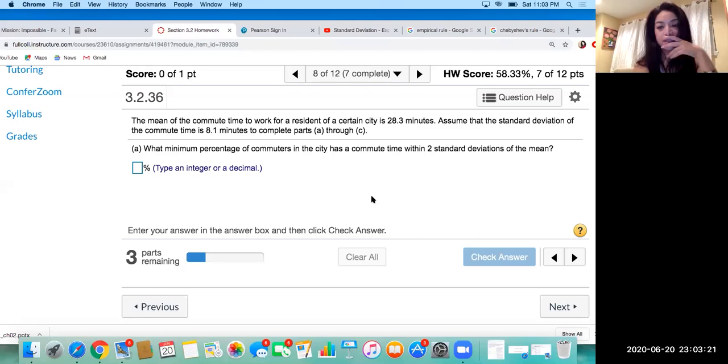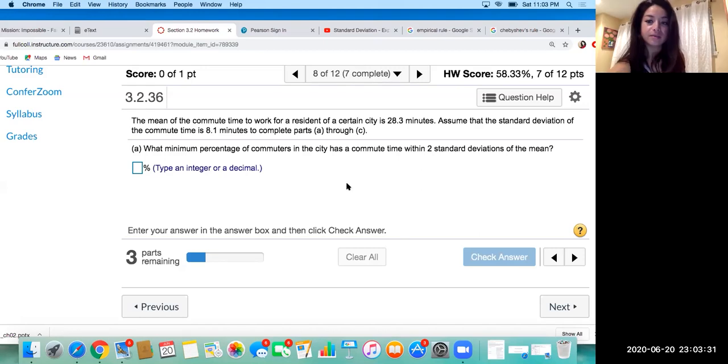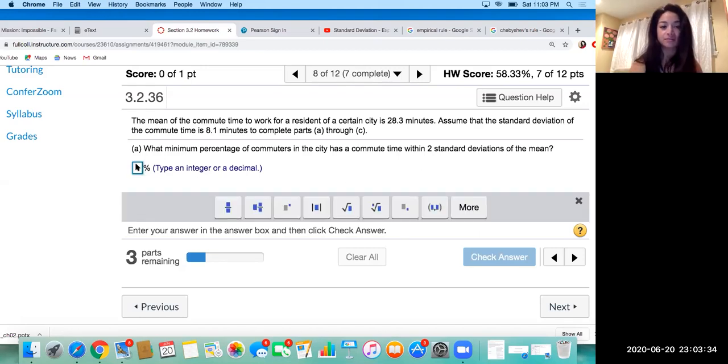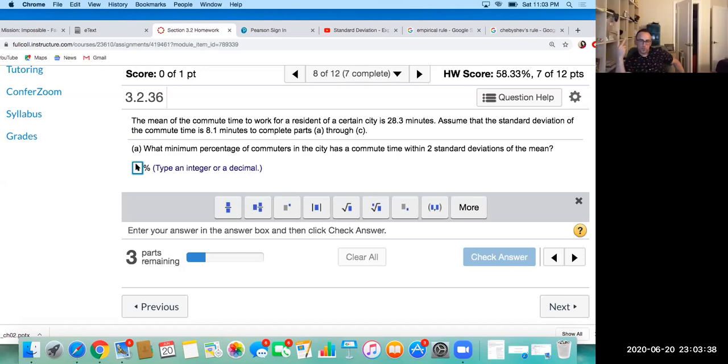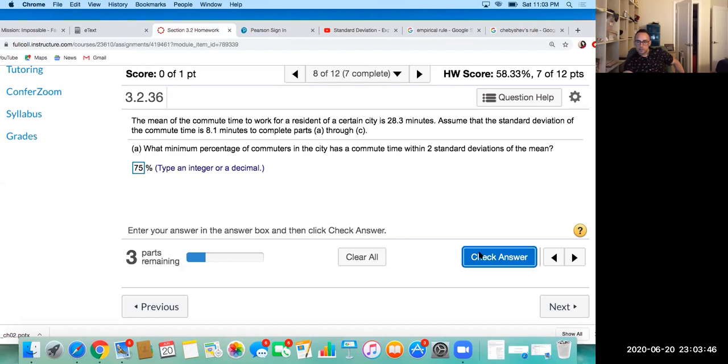So it has to be Chebyshev's. And since it's 2 standard deviations, we know the answer is 75%. We don't need to do anything. Wait, remember, we did that last time. 2 squared is 4, 1 over 4, 1 minus 1 over 4. 75. Yeah, it's the same question.